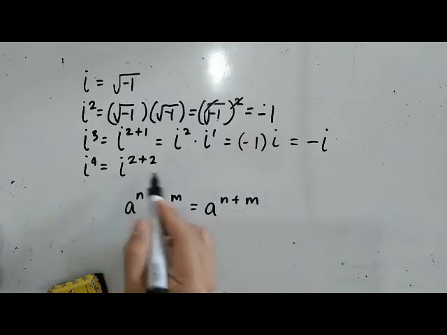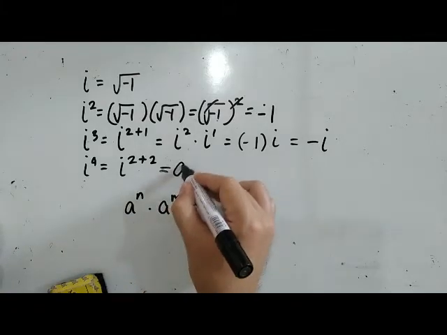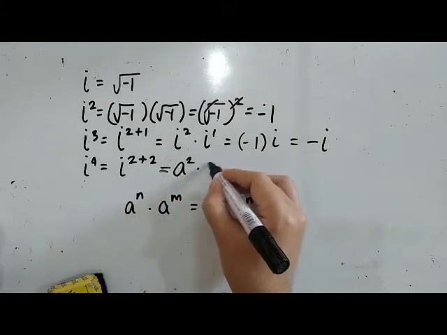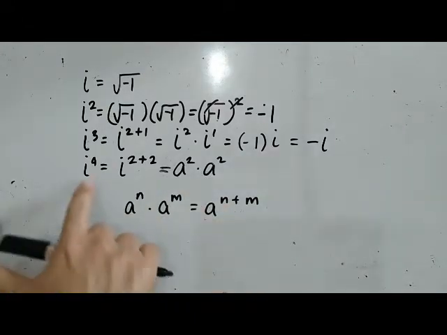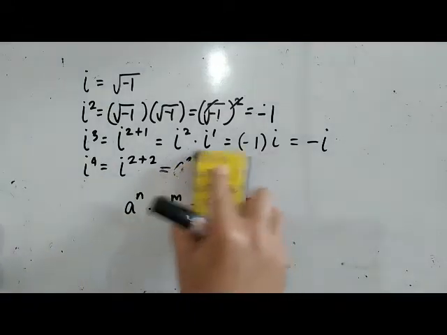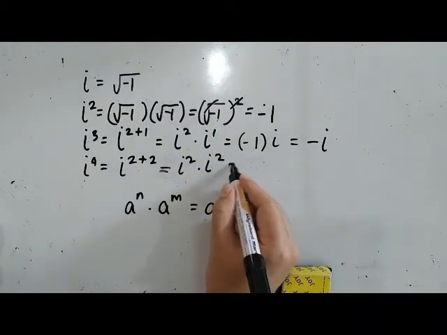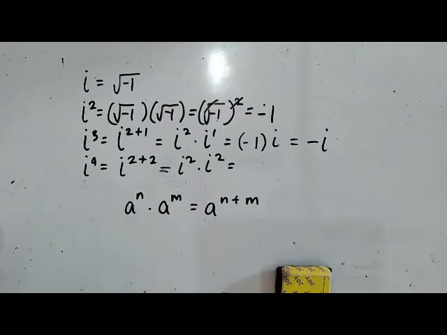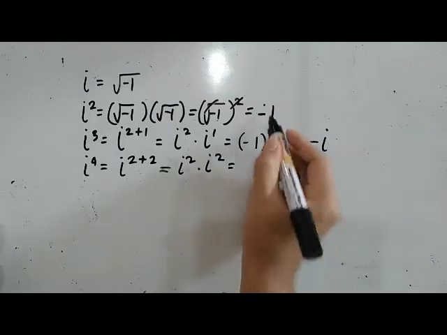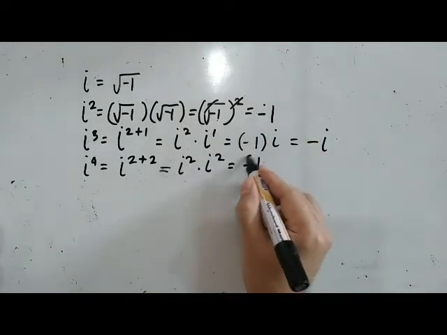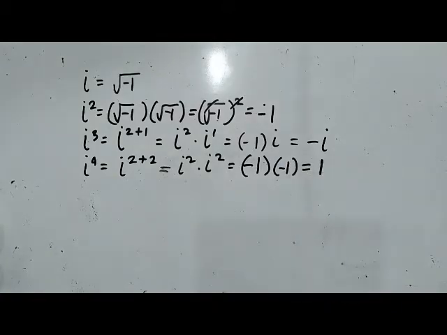So I to the power of 2 times I to the power of 2 is equal to I to the power of 4. But what is I squared? I squared is negative 1. So negative 1 times negative 1 is equal to positive 1.